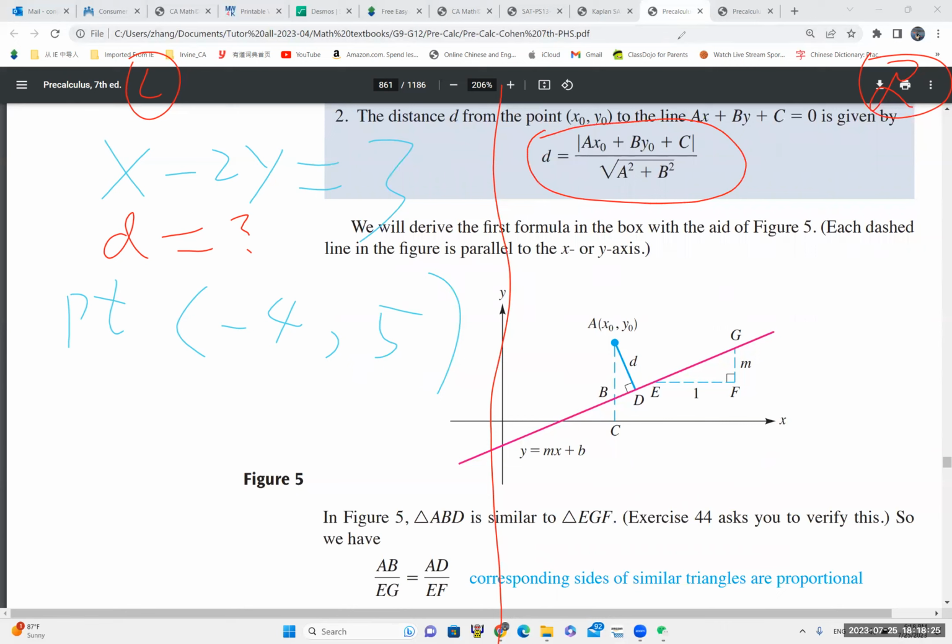Let's say who gets the distance first. Yeah, if you get the answer, write it on the screen.